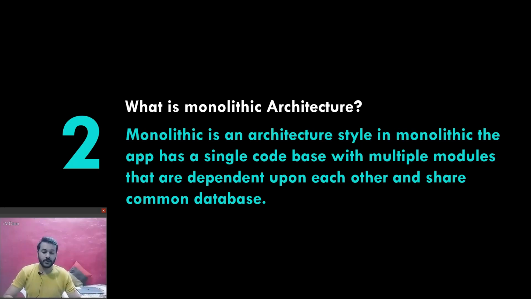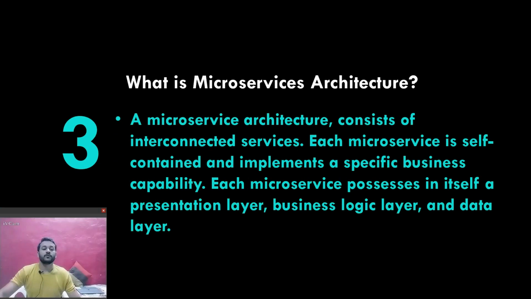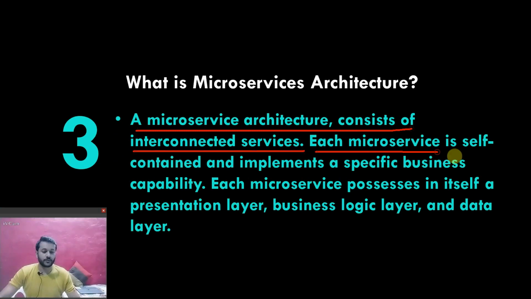Now the next point is, what is microservice architecture? This is interesting actually. Just read it once, and if you don't get it, then we will see in detail how the microservice architecture works. A microservice architecture consists of interconnected services, and each microservice is self-contained and implements a specific business capability.